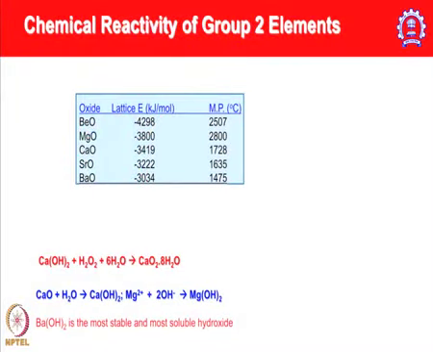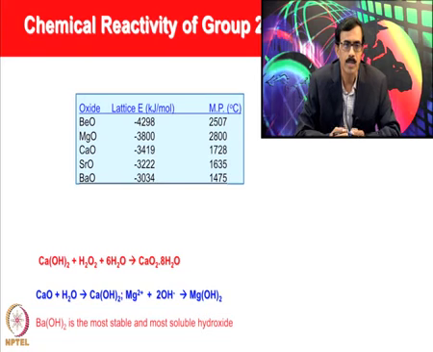So, you can see here the lattice energy, in case of beryllium oxide it is minus 4298 kilojoules per mole. In case of magnesium oxide it is 3800 kilojoules per mole, and in case of calcium oxide it is 3419 kilojoules per mole.